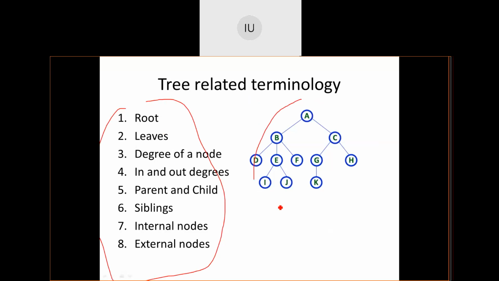I can show you one example of a tree where the nodes are arranged in different hierarchies. If the maximum number of nodes at every level of the tree is equal to 2, then I call it a binary tree.